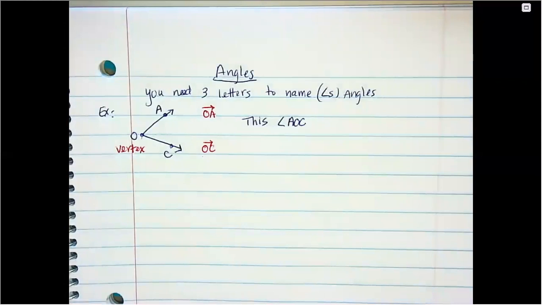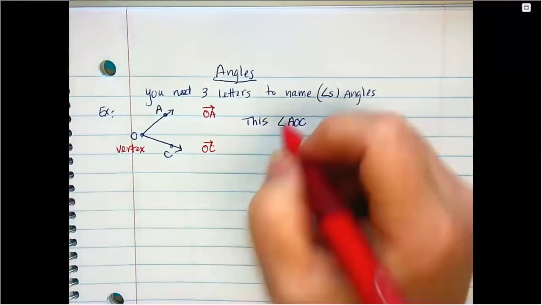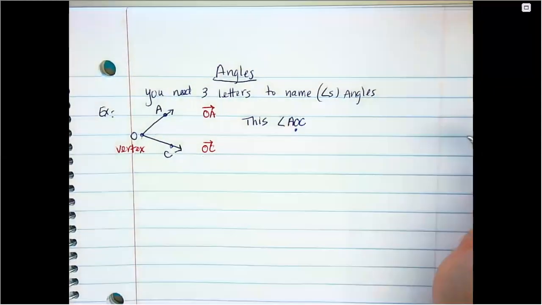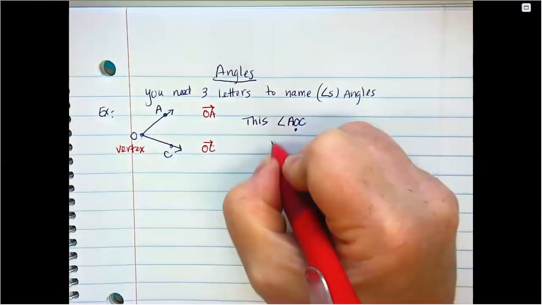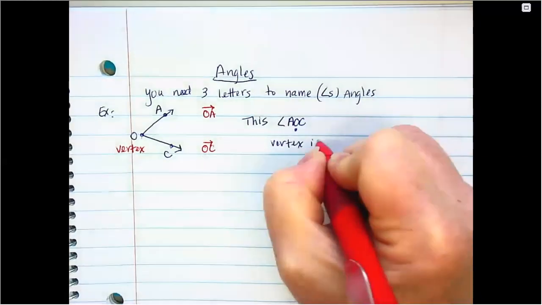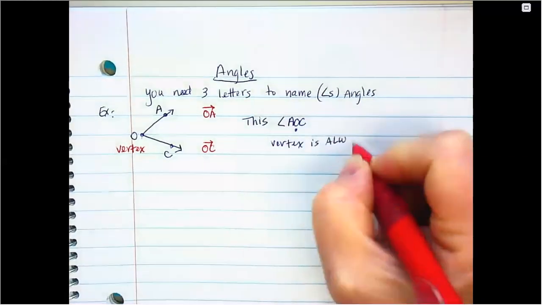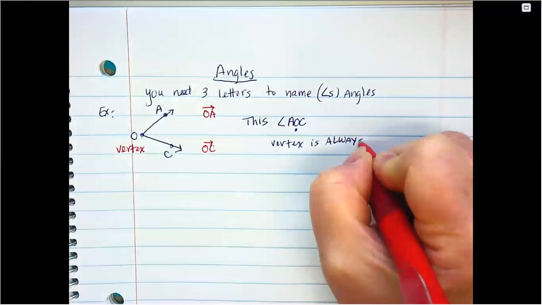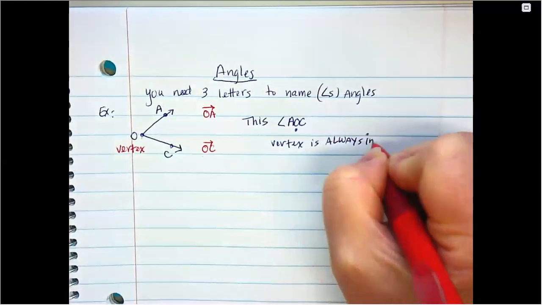And I need you to notice, because this is very important, if you don't do it, it's not labeled correctly. The vertex has to be in the middle. So write: the vertex is always in the middle.